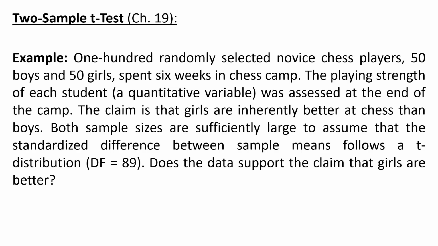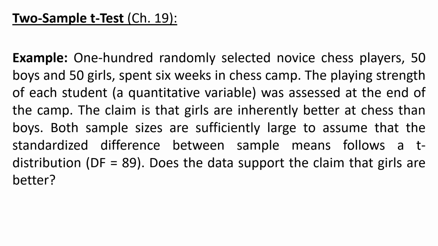Now, reading this, it's clear that the question posed calls for an upper-tailed hypothesis test. But for some reason, when I did the analysis in Minitab, I conducted a two-tail test. So if you read this and thought this must be an upper-tail test, you're correct.